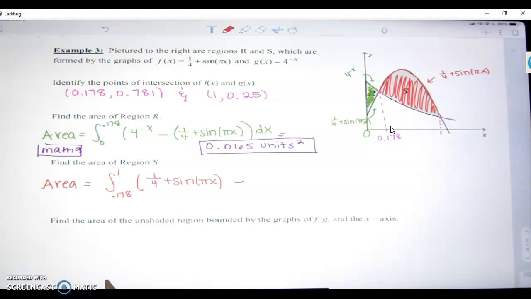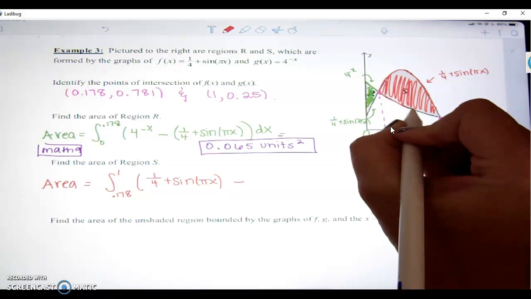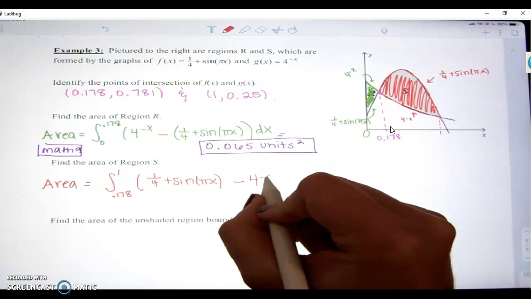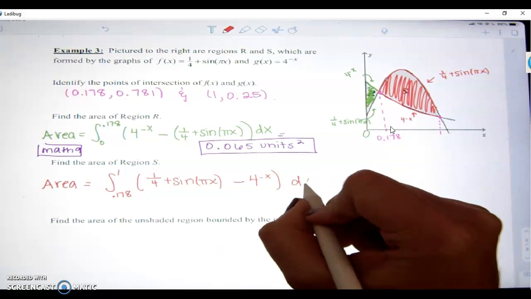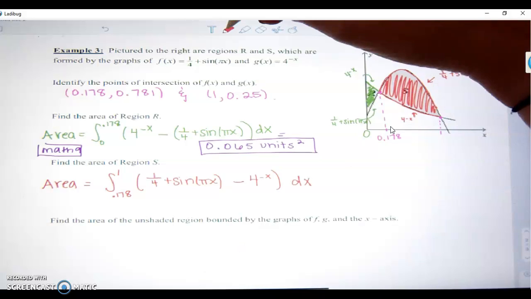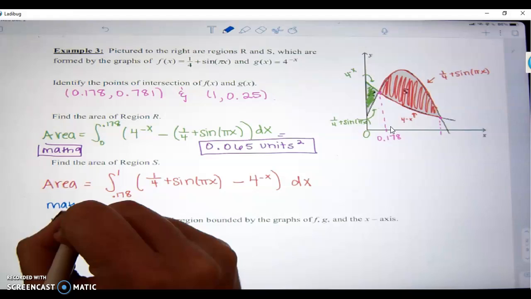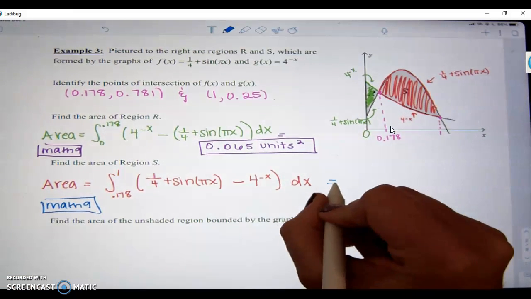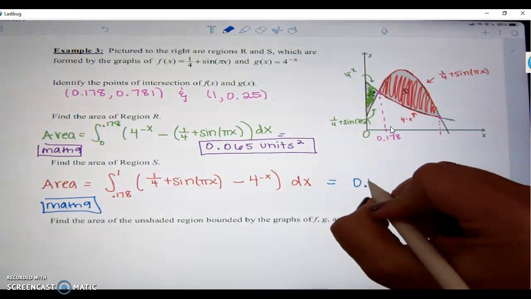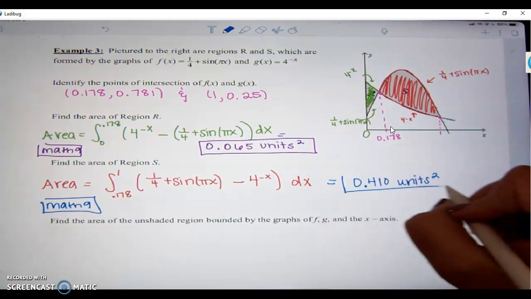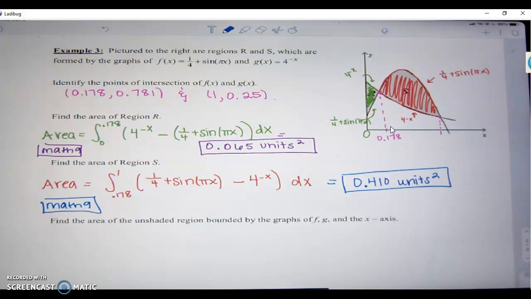And then it's always subtraction in the middle for area. And then the curve on the bottom here is the 4 to the negative x. And we always have dx. So you can put this in Math 9 on your calculator and just confirm that you can get 0.410, and this would be units squared.